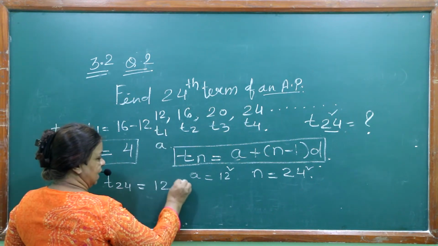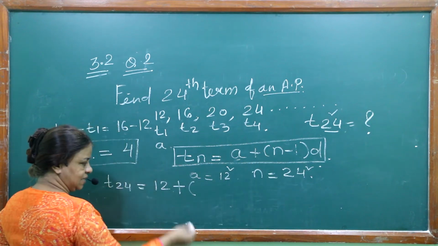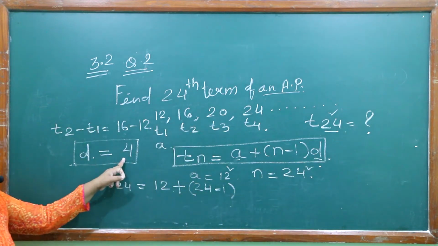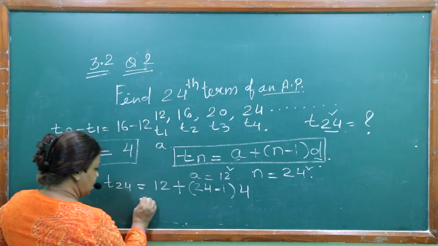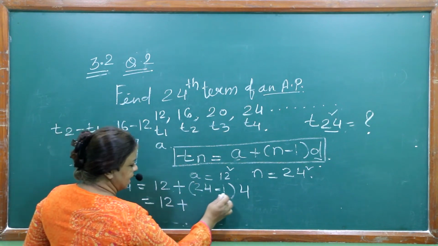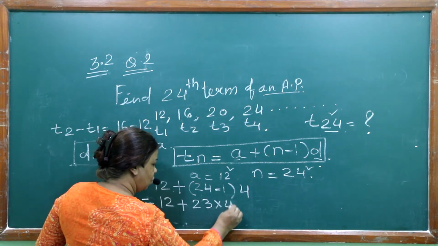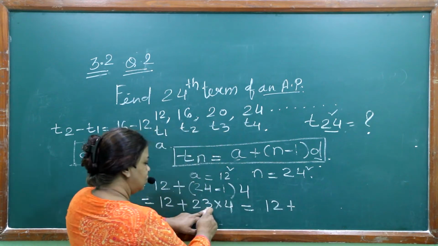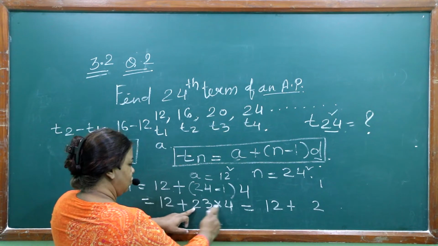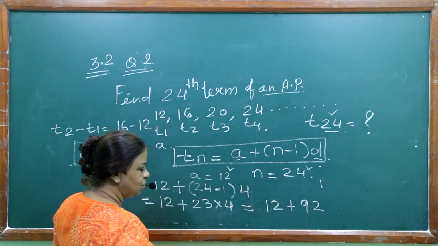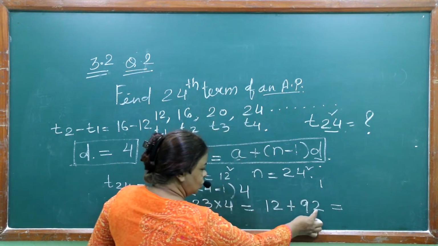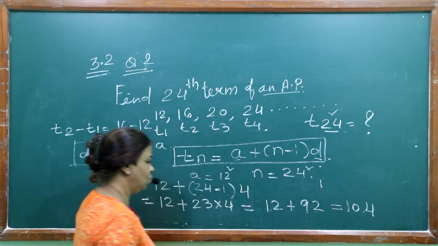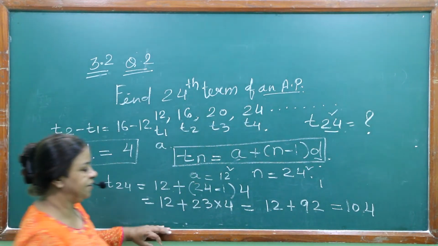So 12 plus 23 into 4. 4 threes are 12, carry 1, 4 twos are 8 plus 1, 9, so 92. 92 plus 12 is 104. So the 24th term will be 104.